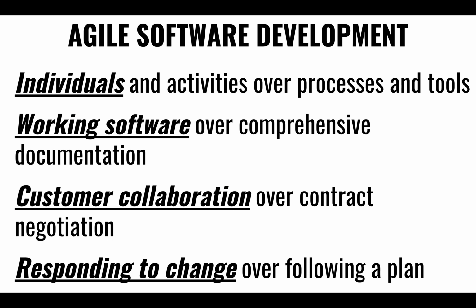So AGILE has certain aspects about the software development process, and one of them is that instead of being heavy on the documentation, right? Legacy processes were really heavy on documentation.